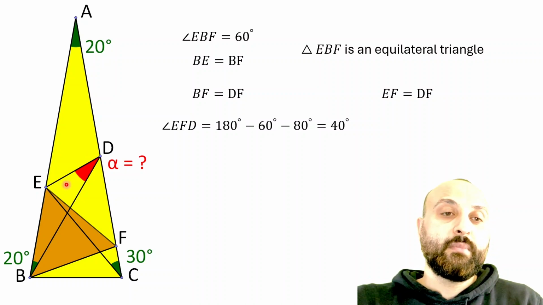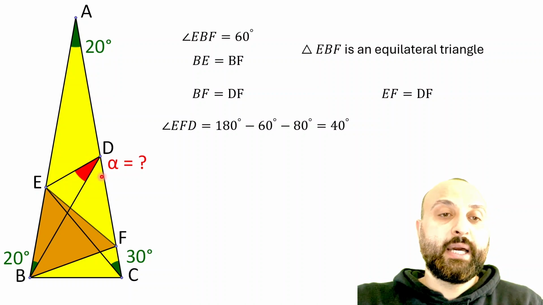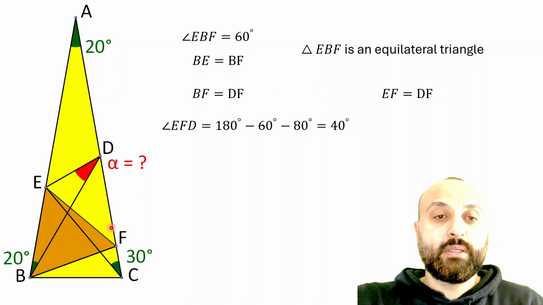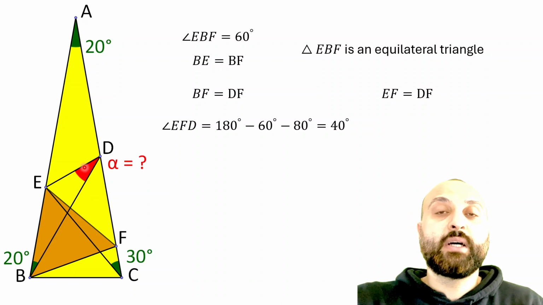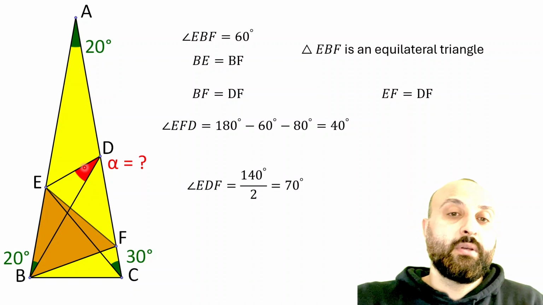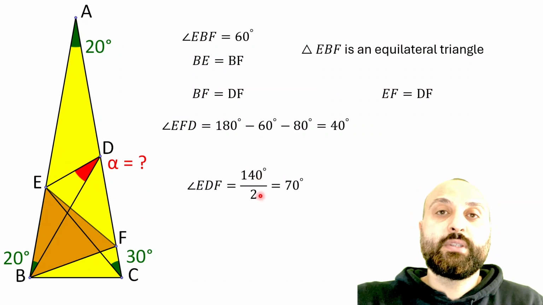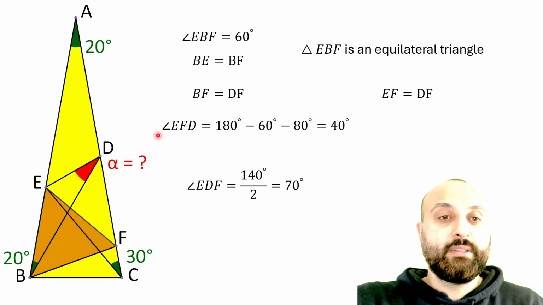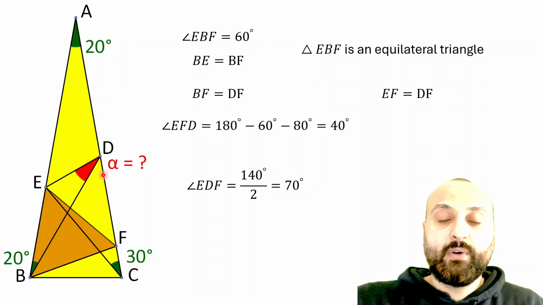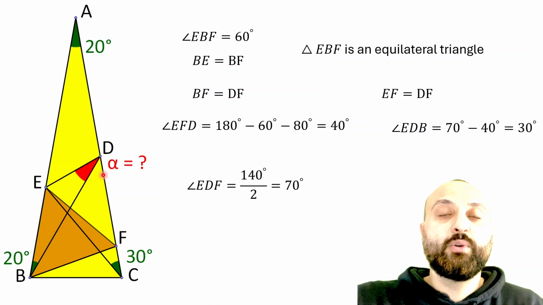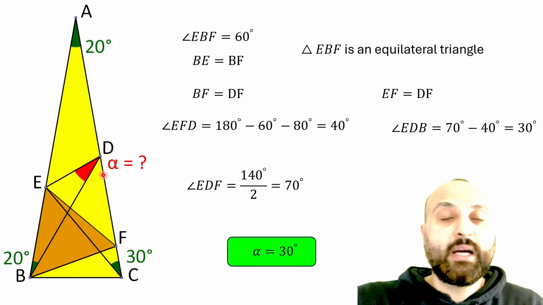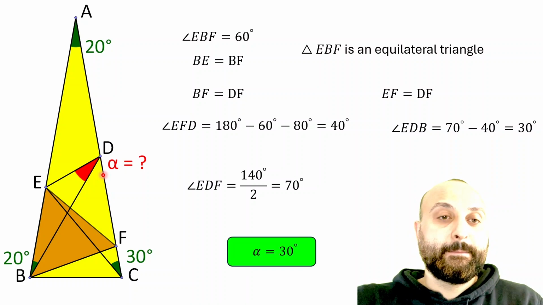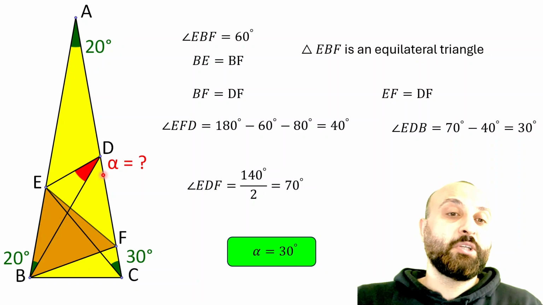Therefore, we can immediately conclude that this whole angle will be 180 minus 40, which becomes 140, divided by 2. So EDF is 70 degrees. But we know that this little part is 40 degrees, therefore EDB will become 30 degrees, and that means alpha is 30 degrees.